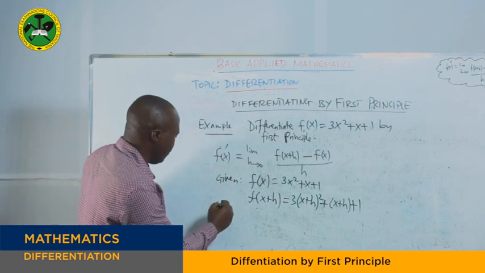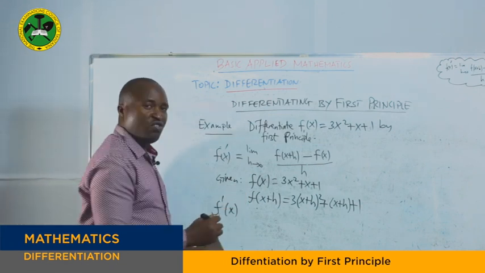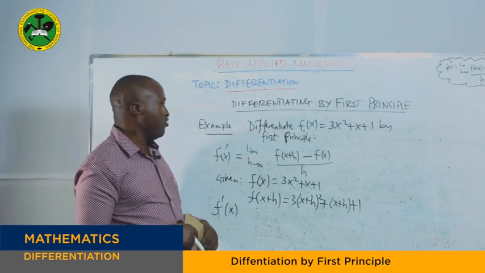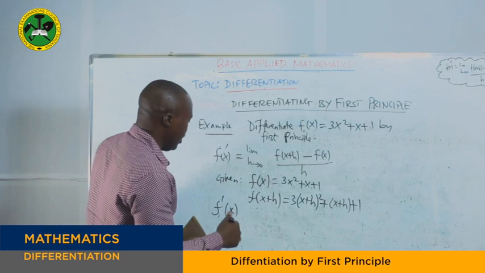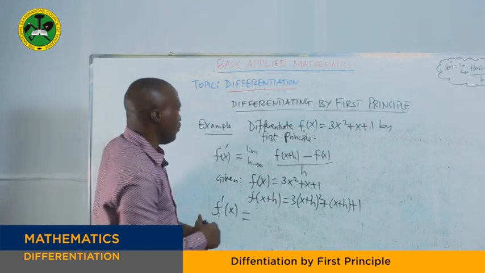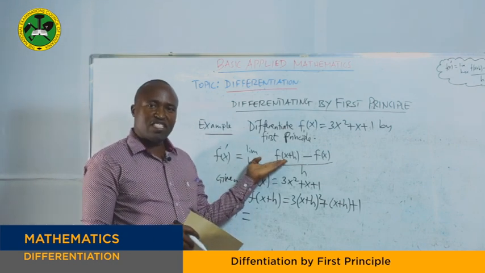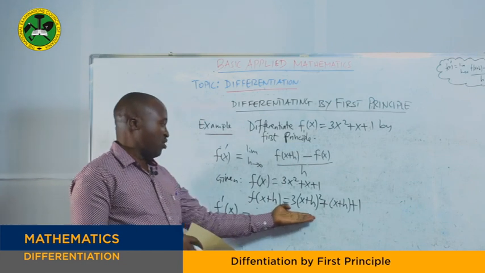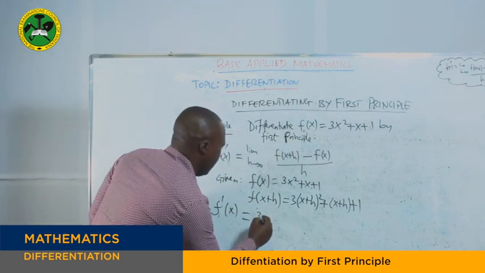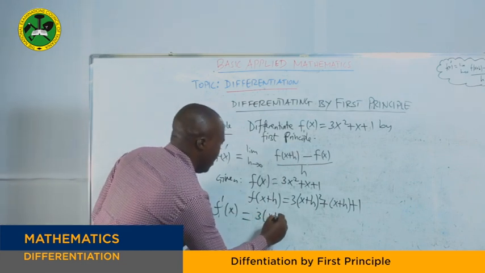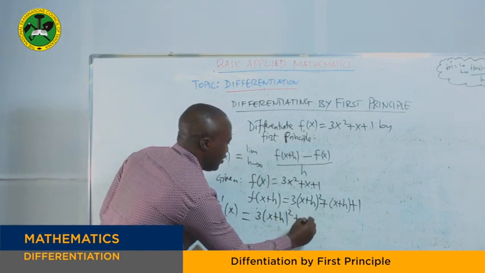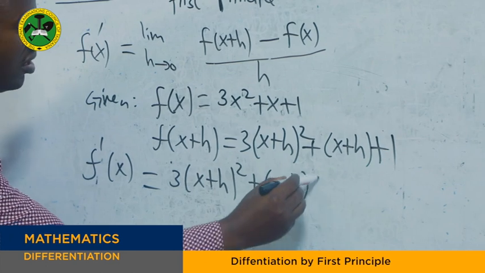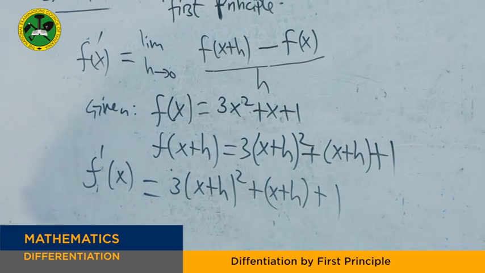Now, by using our general formula, that is, if we want to find the derivative by the first principle, you just use our general formula, which is equal to, you take f of x plus h, which is this one, that is 3 times x plus h squared plus x plus h plus 1.